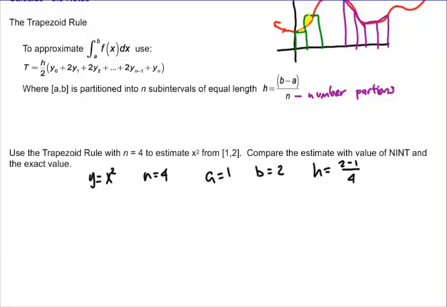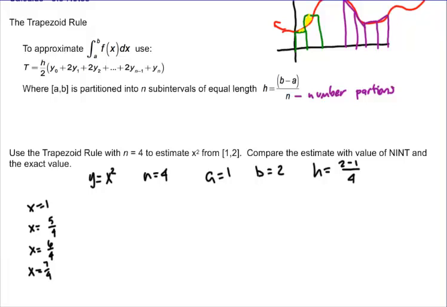The way to do that is at y0, where is y0? Well, it's our very first height. So in this case, our very first height is going to be when x is at 1. If we go from 1 to 2 and divide that into 4 different intervals, then I'm looking at different x values. x equals 1, which is 4 over 4. x equals 5 over 4. x equals 6 over 4. x equals 7 over 4.